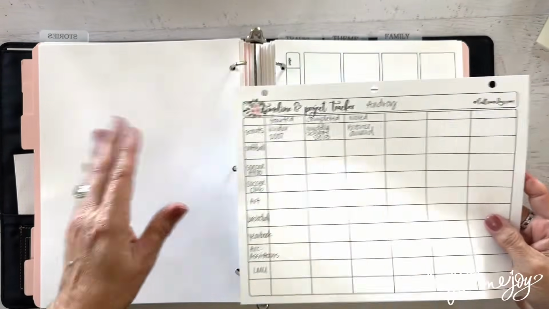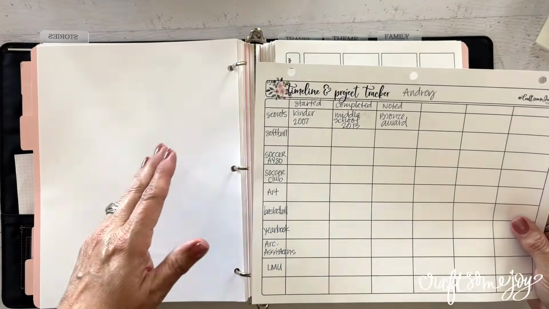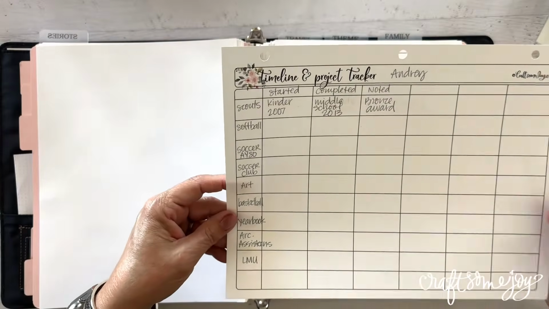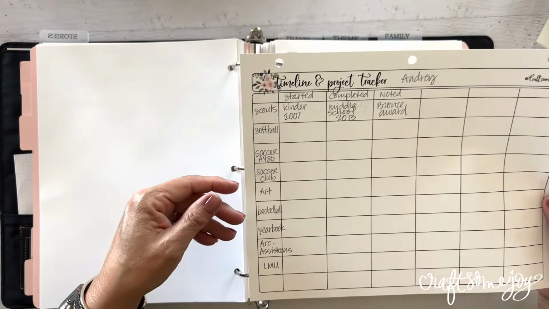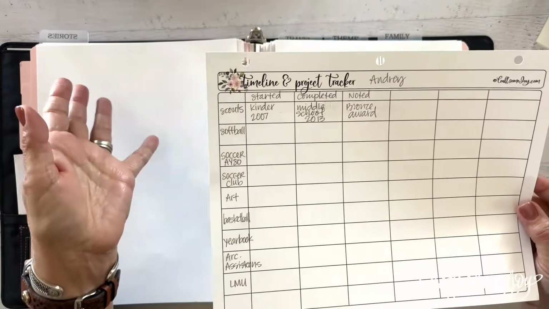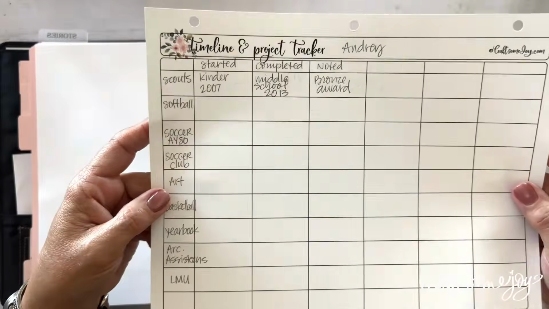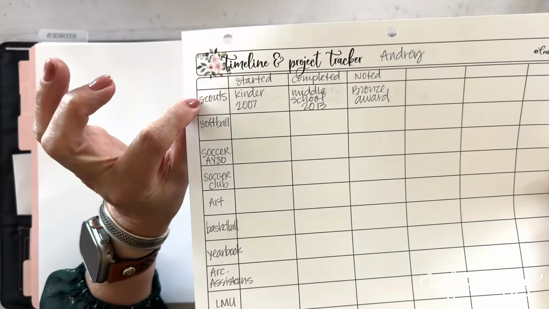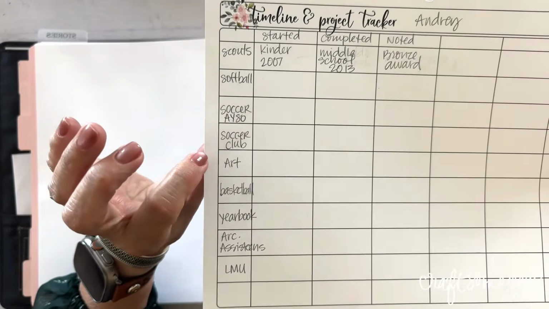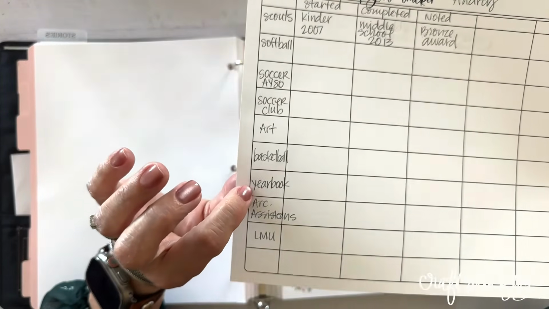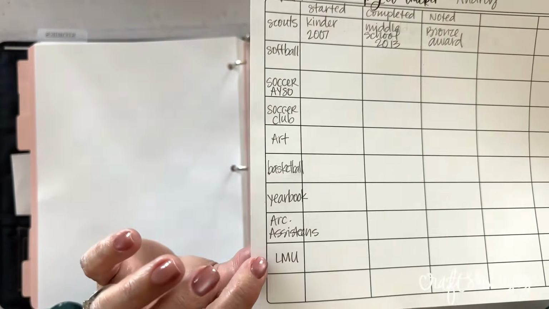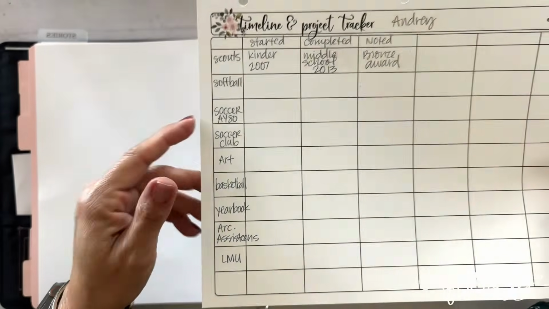I have the keeping track of for every person, but I didn't think of a timeline tracker for them. And so I started thinking, okay, for Audrey, what were the things that she did growing up? She was in Scouts, softball, AYSO soccer, club soccer, she did art, basketball, yearbook, she was in the Arcadia Sistines, and then she started Loyola Marymount University.